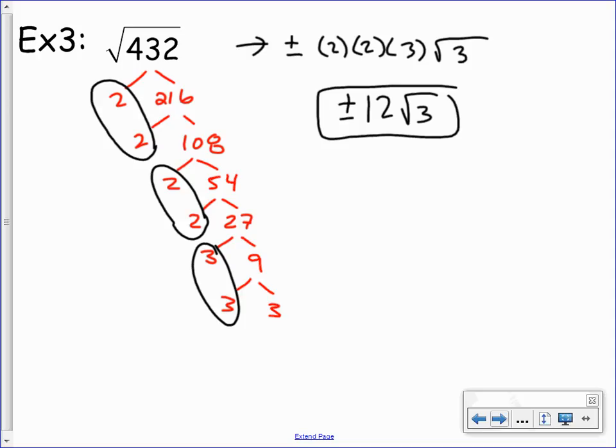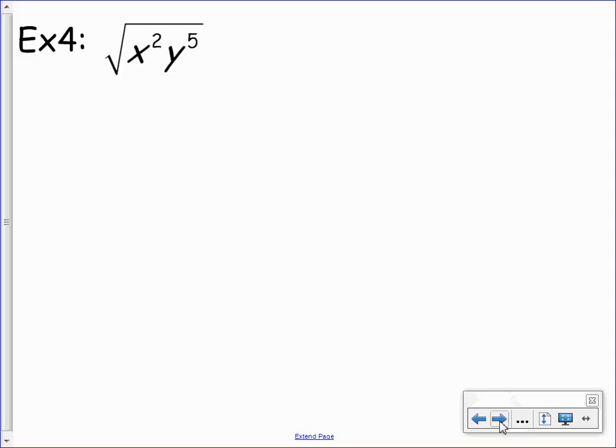Okay, next. Letters. Inside the house, there are 2 X's, and there are 5 Y's. 1, 2, 3, 4, 5. That's easy. So there is 1 pair of X's and 2 pairs of Y's. 1 Y can't go out.